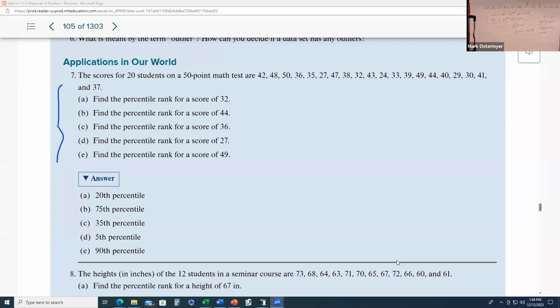You know, what I find amazing in the field of statistics, ladies and gentlemen, is that there is no universal way to compute percentile values. In other words, if you compute percentile values using your TI-84 calculator, they might be a little bit different than if you used an Excel spreadsheet.